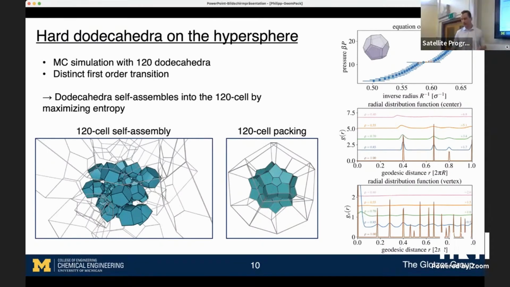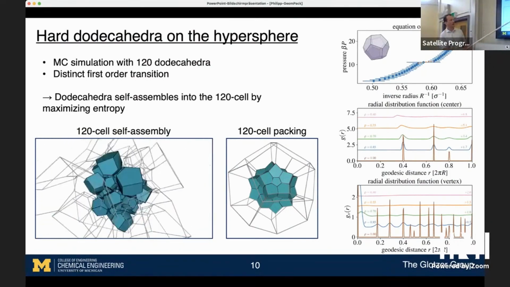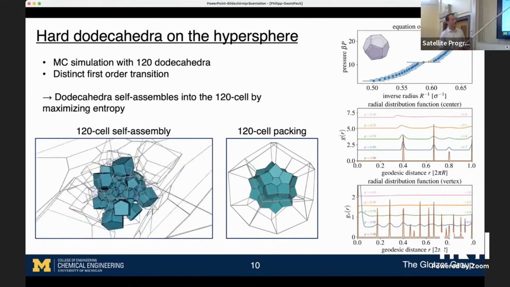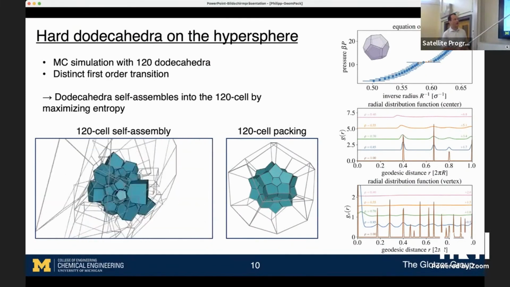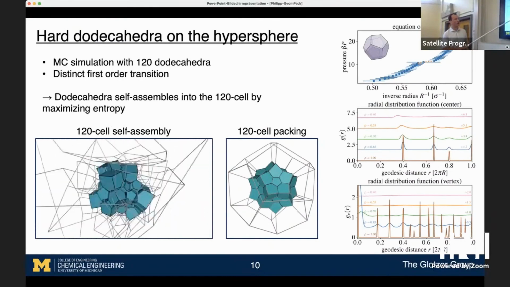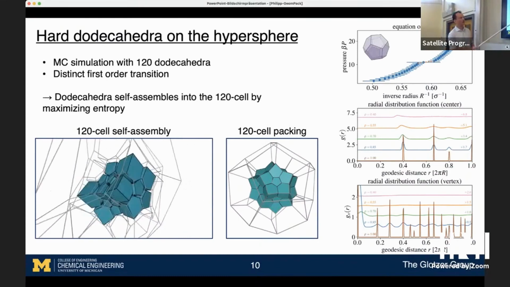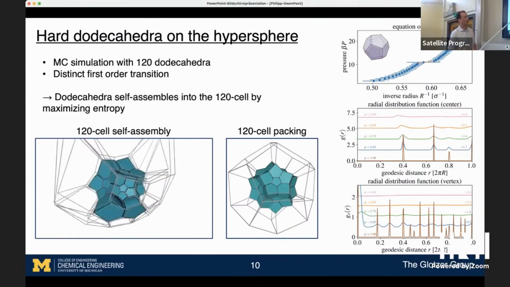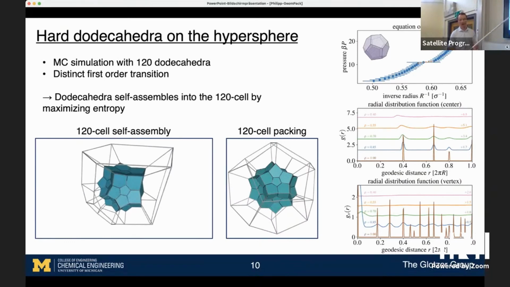And what I can see, if you look here at the video, this is the simulation, is that first it is in a gas phase and randomly distributed, but at some point it goes into a crystalline phase, which, if you compare it with the perfect 120 cell packing, you can see that it goes into the 120 cell.